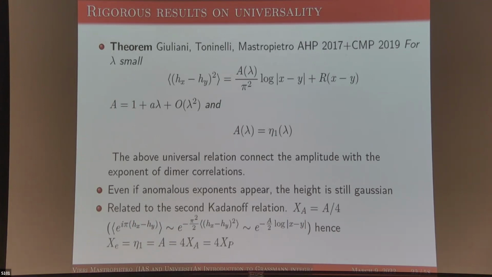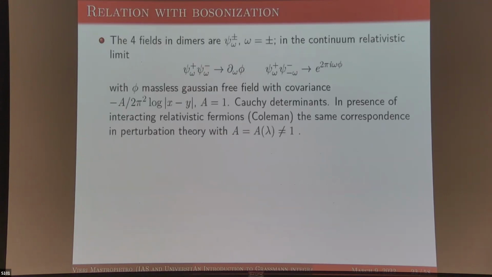Maybe I can say two words about what is called bosonization. Bosonization is a way in which you write quantum fields, fermionic fields, in terms of derivatives of Gaussian fields. So in this bosonization, if you couple this, you get the exponential.